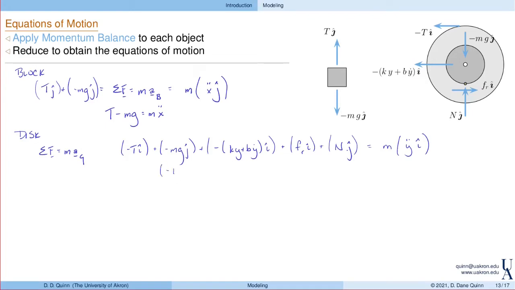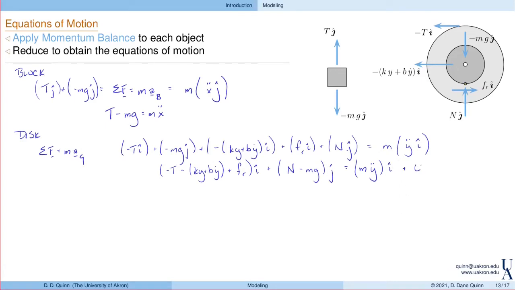In the I direction, we have minus T, and then we have minus k y and b y dot. And finally, we have the friction force. In the J direction, I've got the normal force, and I've got the weight, minus mg J. And this is going to be equal to m y double dot, again in the I direction.